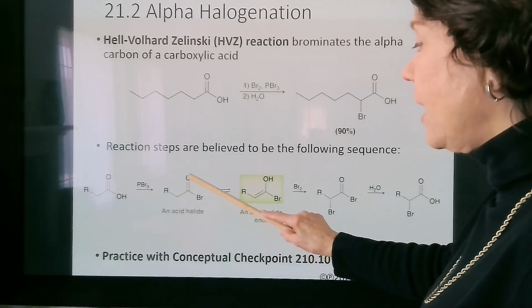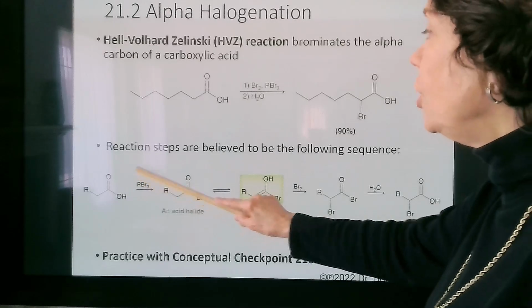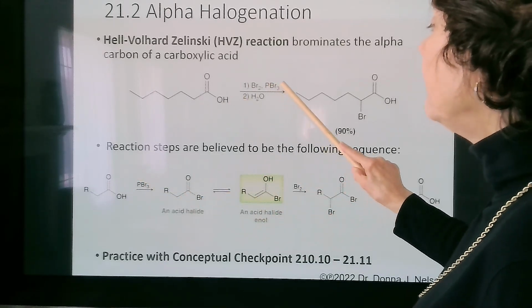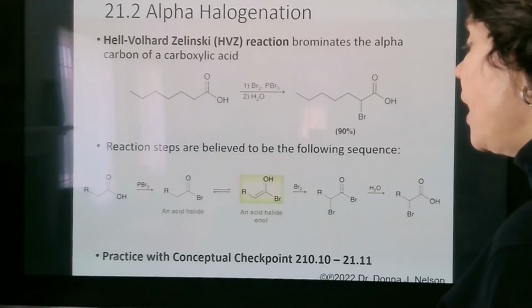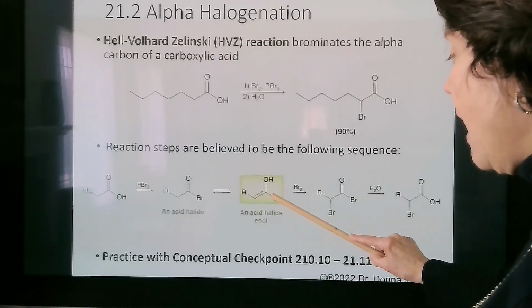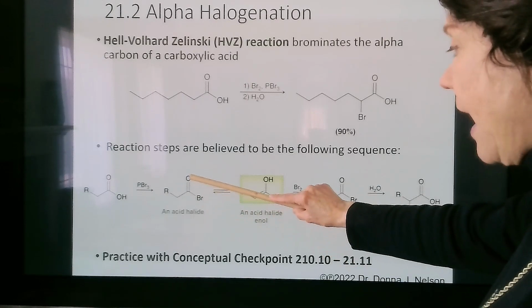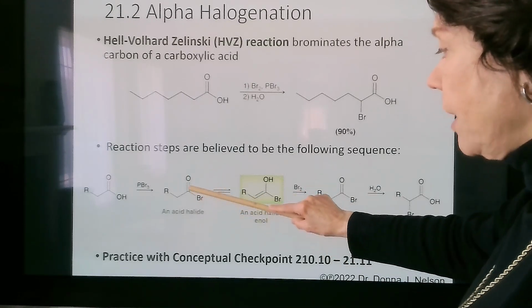This is an acid halide, an acid bromide, using phosphorus tribromide. And so here you have the acid bromide generated.